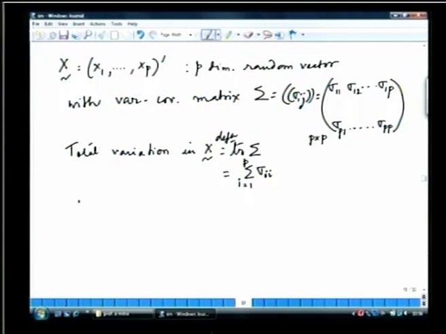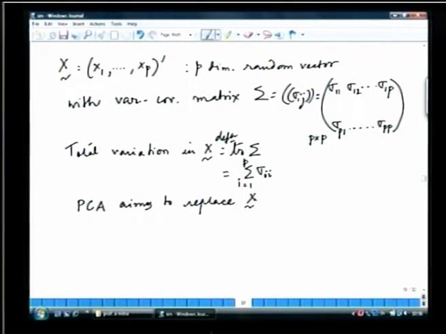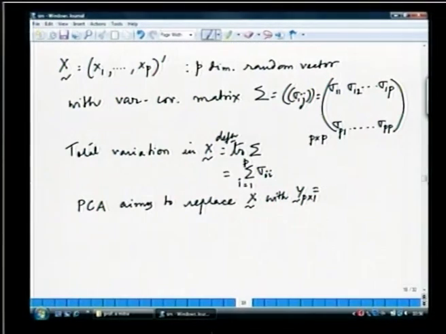And then what does PCA attempt to do? PCA aims to replace the x, the whole data vector, with some y. Initially we will look into p linear combinations of the variables, so that y is also p dimensional, y1 to yp.